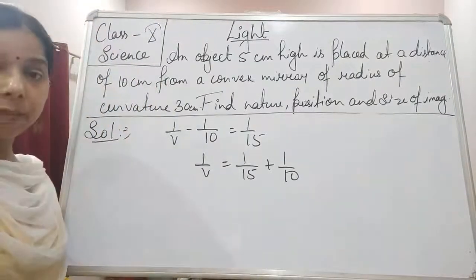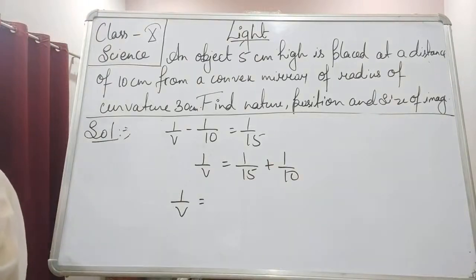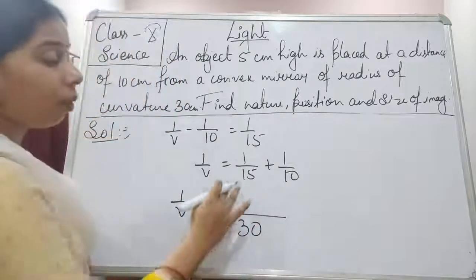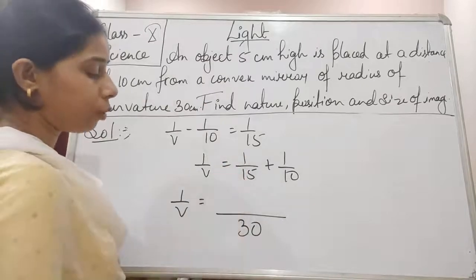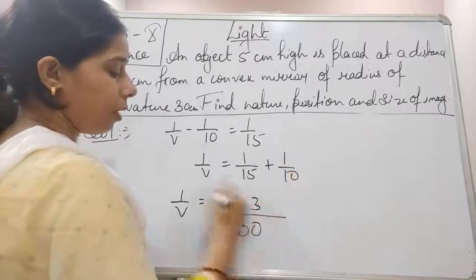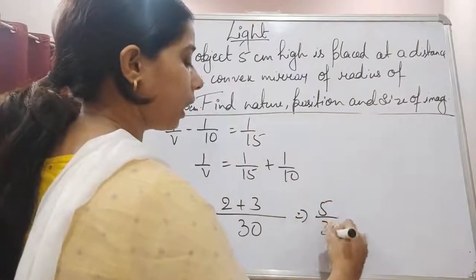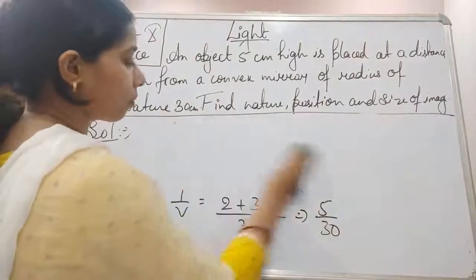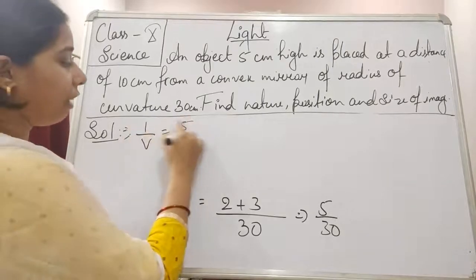Now taking the LCM here, students, the LCM will be 30. When we take LCM 30, 30 divided by 15 is 2, so 2 into 1 is 2. Then 30 divided by 10 is 3, so 3 into 1 is 3. So it will be 2 plus 3, that is 5, so it will be equal to 5 by 30.